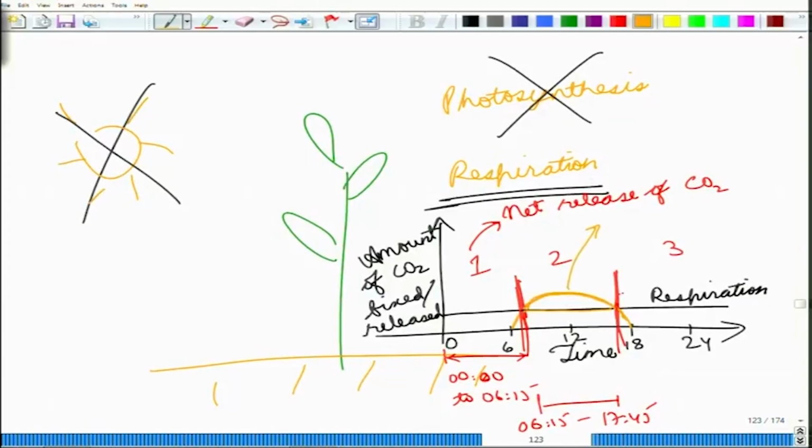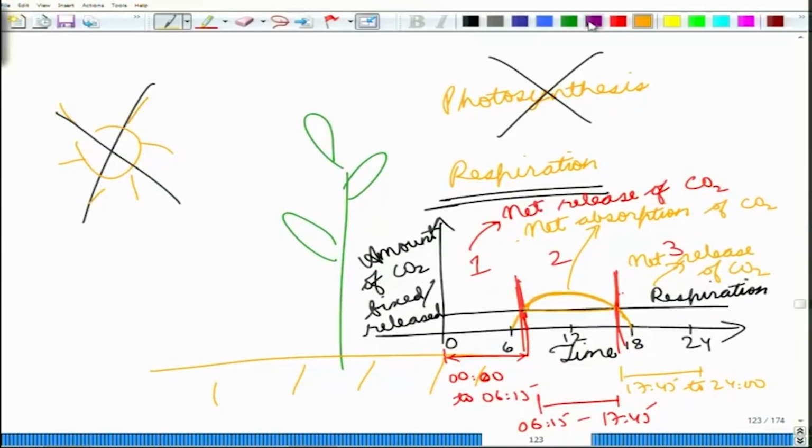So, in section 2, we will have a net absorption of CO2, and in this third stage, from 17:45 to 2400 hours, here again we have a net release of carbon dioxide.